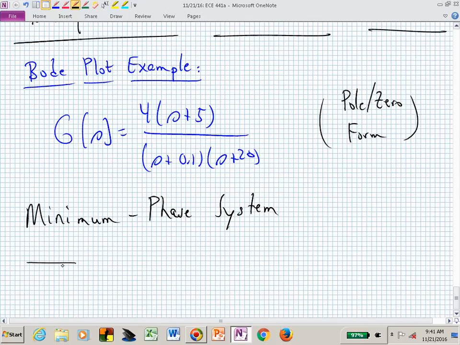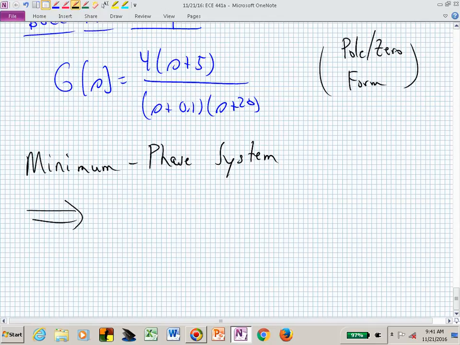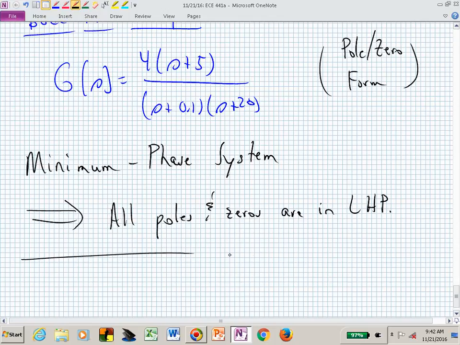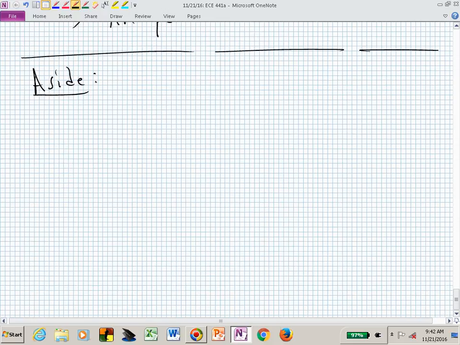And if they do, typically they're referring to whether or not you have zeros, but in fact, we want all of the poles and zeros in the left half plane before we can start talking about a minimum phase system. Where does that terminology come from? So let's just do an aside to learn a little bit about minimum versus non-minimum phase systems.